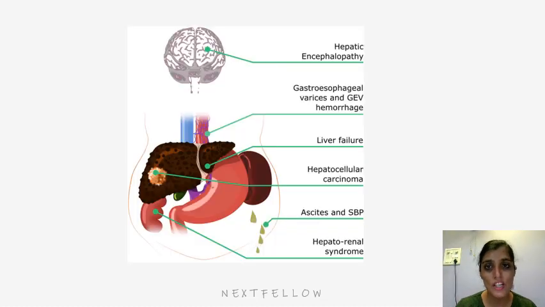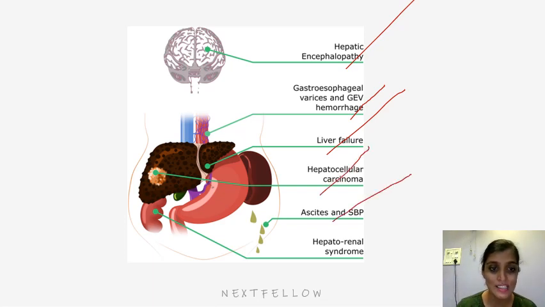Coming to the complications of portal hypertension, from head to toe, you can say it is hepatic encephalopathy, gastroesophageal varices or variceal hemorrhage, liver cell failure, hepatocellular carcinoma, ascites and spontaneous bacterial peritonitis, and hepatorenal syndrome. Hepatic encephalopathy is a separate entity; I'll cover it in a different slide. Variceal bleeding and per rectal bleeding is a very important symptom you ask about in a case of portal hypertension.